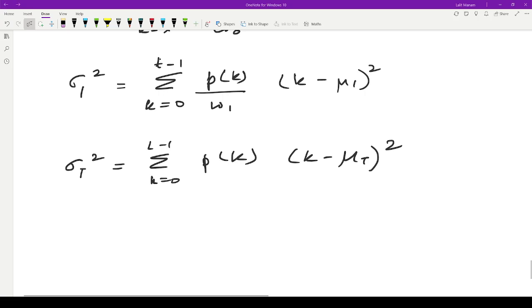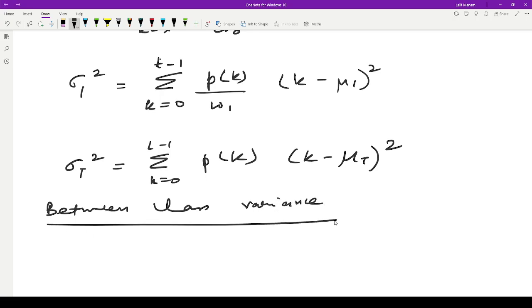Now we define the two variances that we need to compare. The first one is the between class variance, which was given in the slides as sigma b square equals w naught w1 into mu1 minus mu naught whole square.